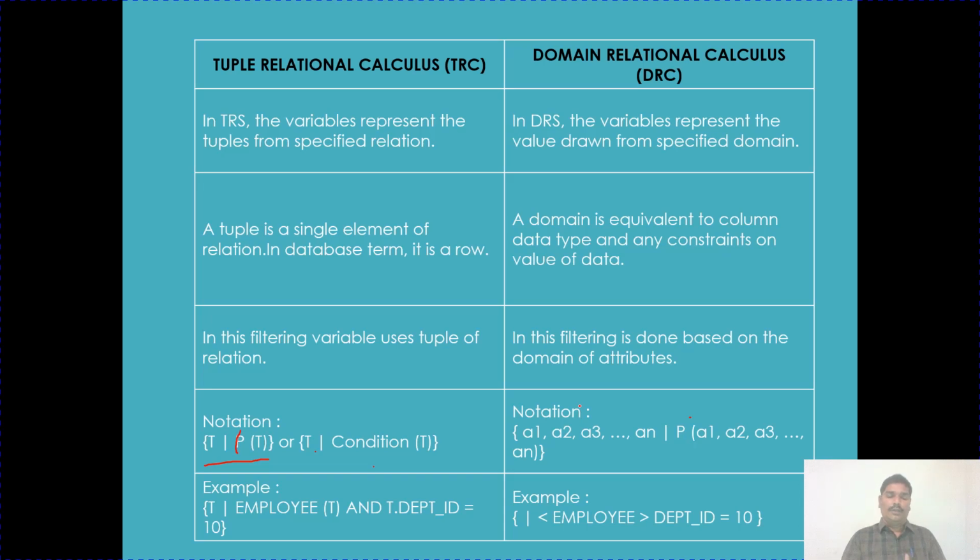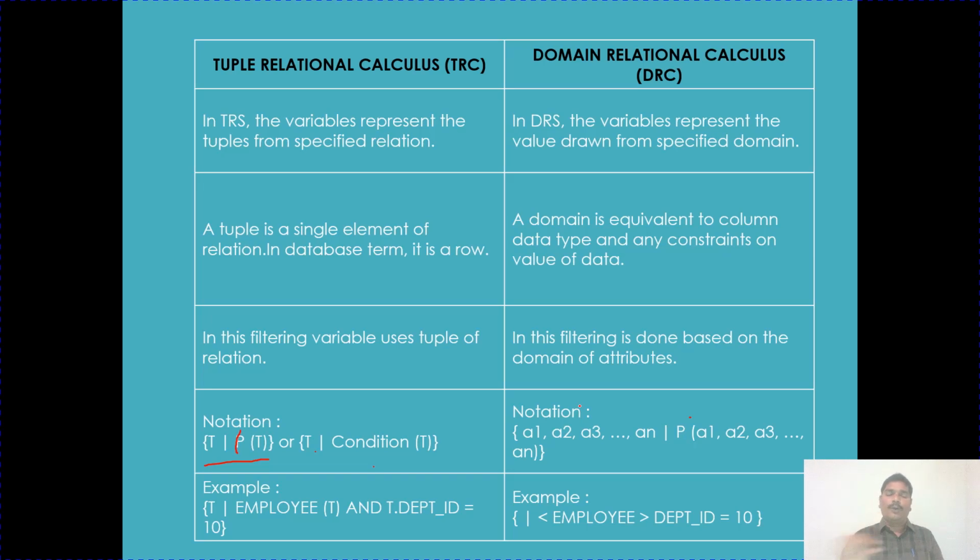Here they need only department 10 employees, the entire row, to display employee names or IDs in that relation.